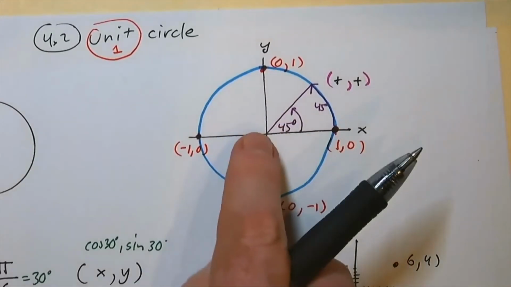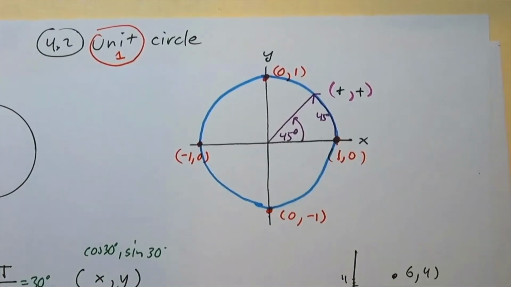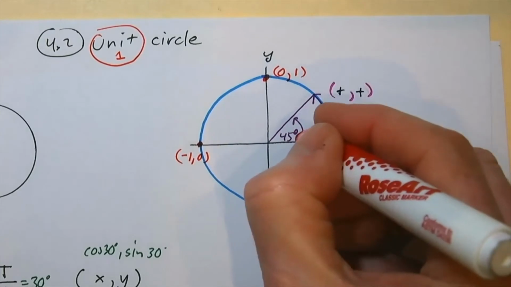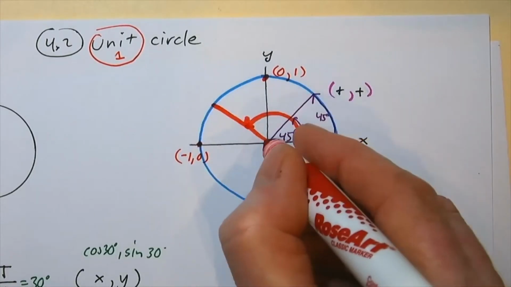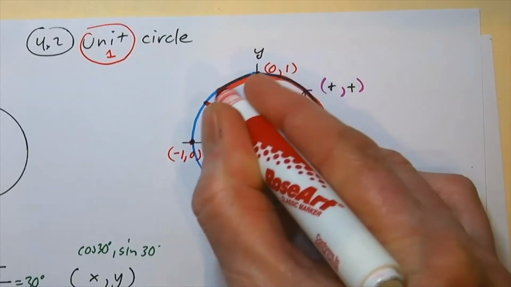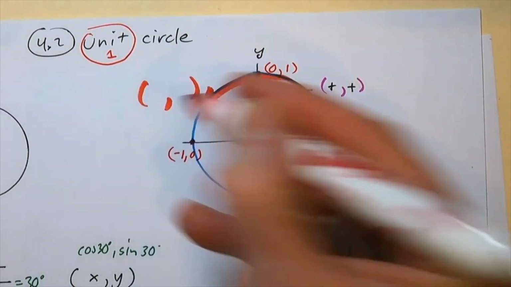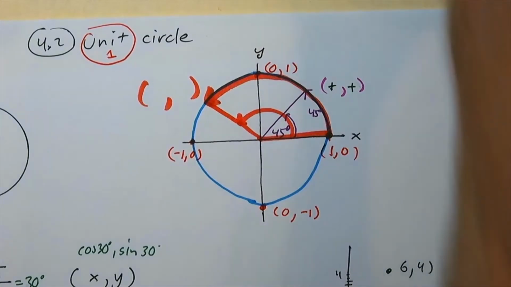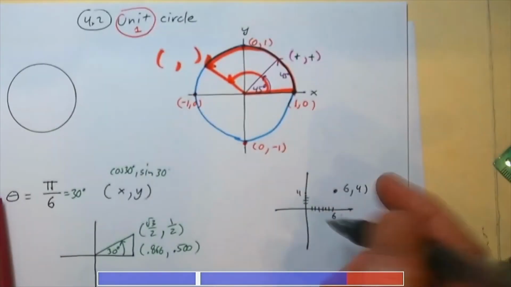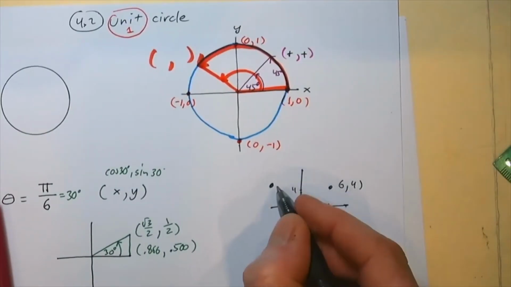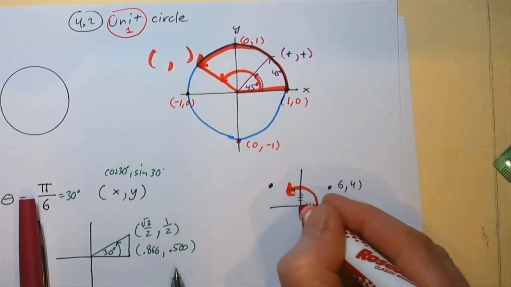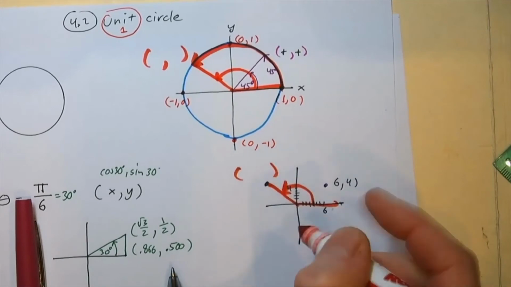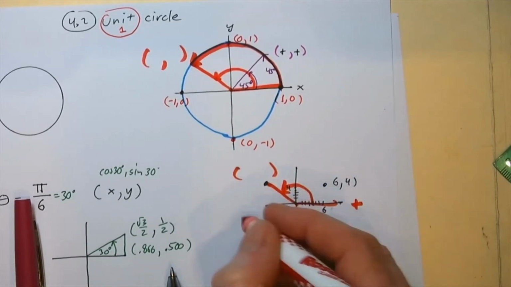But what if you had an angle bigger than 45? What if you went past 90, way over here, and you had a big angle? What do you notice about the coordinates over here? Just like this little piece of graph paper, if you did a big angle all the way over here, isn't x positive here and x negative here?